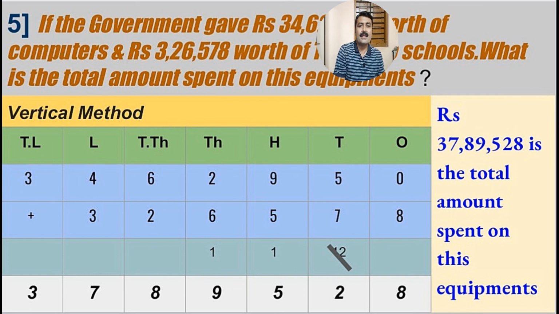Now let's keep in mind that the final answer we calculated is in rupees, so we attach rupees to that number and complete our answer. In this way, rupees 37,89,528 is the total amount spent on this equipment. So this is the answer of the mini example, the fifth example.